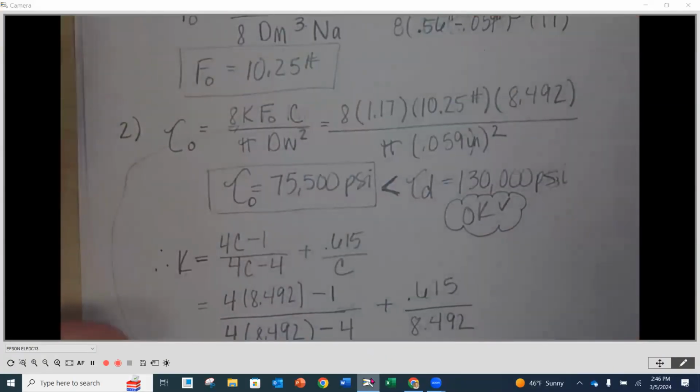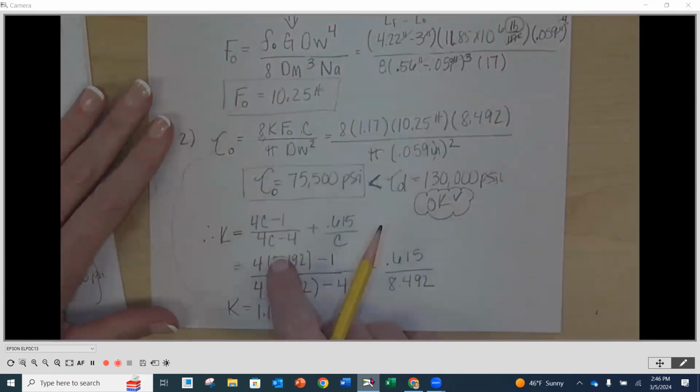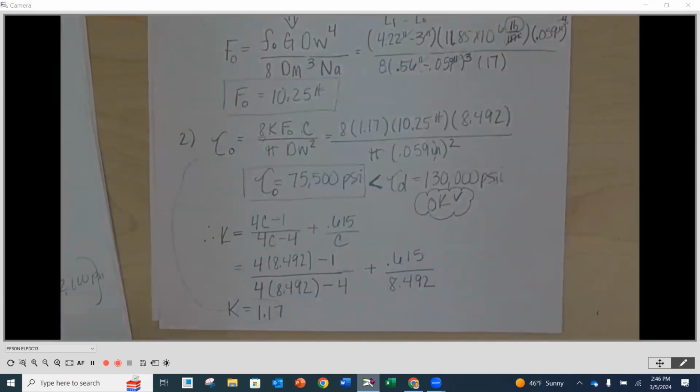So I'll go back down to see if anybody needs to double check your answers here. So this was like a two-part problem. We had to calculate our K value, that wall factor, first, and then use it in this equation, and then find our allowable based on the chart and the material that we have. Okay, so this is then the end of problem number 9.